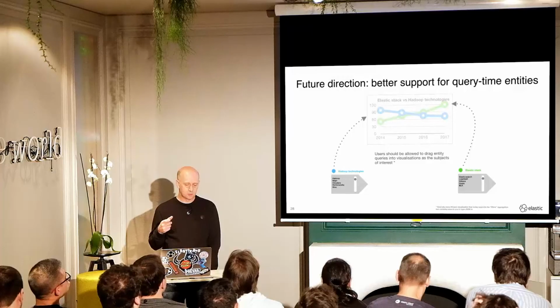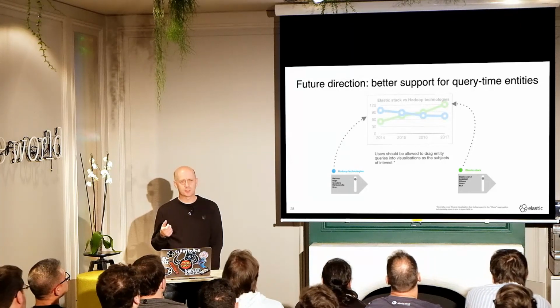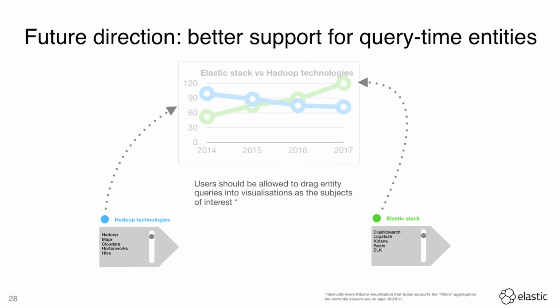In future, I think we're going to start putting more effort and emphasis into what we call query time entities. If I can group things together and say A or B or C are actually one thing, then that should be something I can use as the subject of my analysis. For example, I remember somebody sent a link round a long time ago saying, if you look on Stack Overflow or in jobs on Indeed and you contrast Hadoop and Elasticsearch, it looks like we're doing quite well.